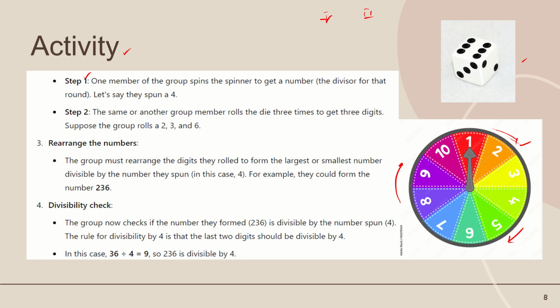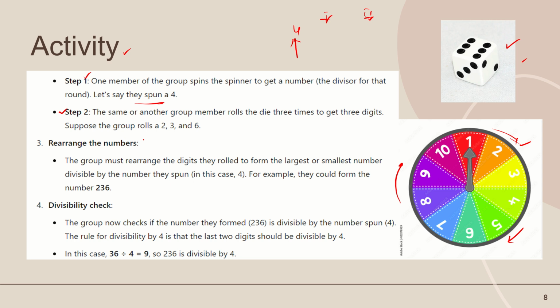Now let's suppose that the spinner stops at the point 4. Now the same or another member, let's suppose another member of group 2, rolls the die 3 times.